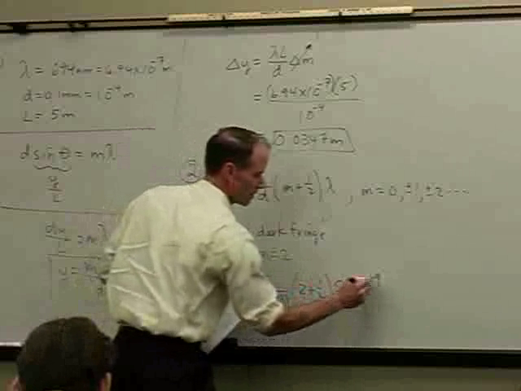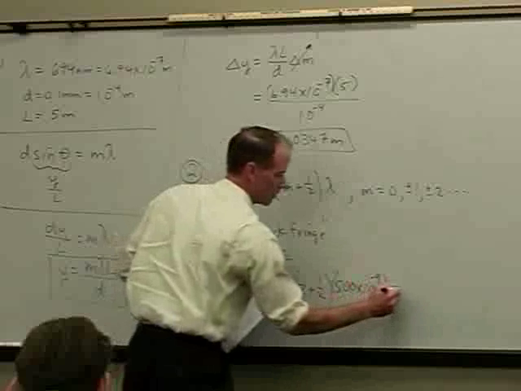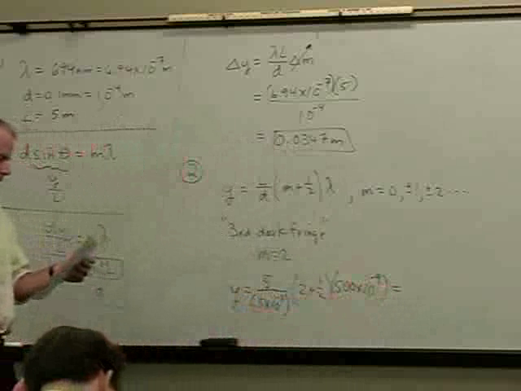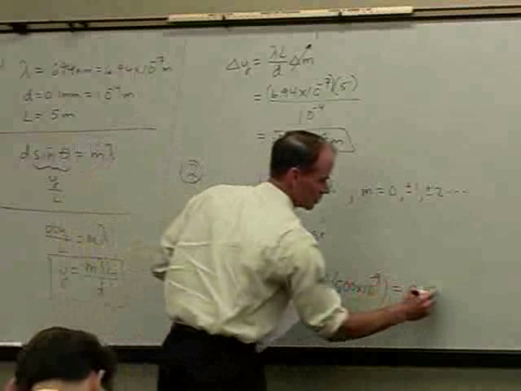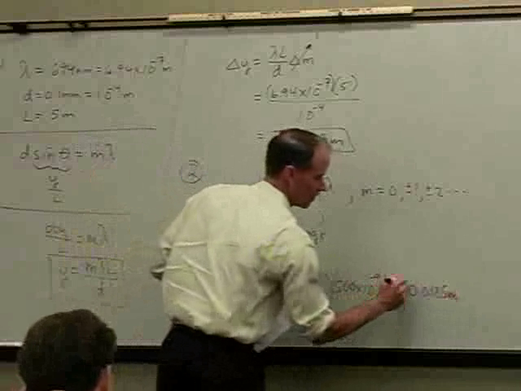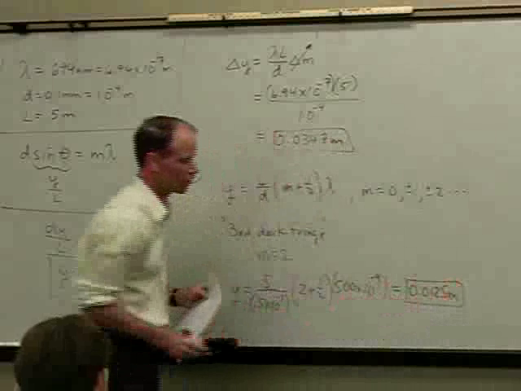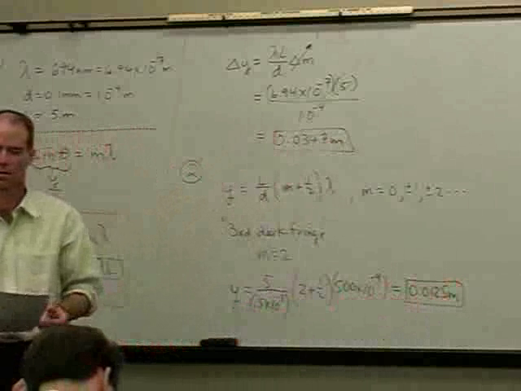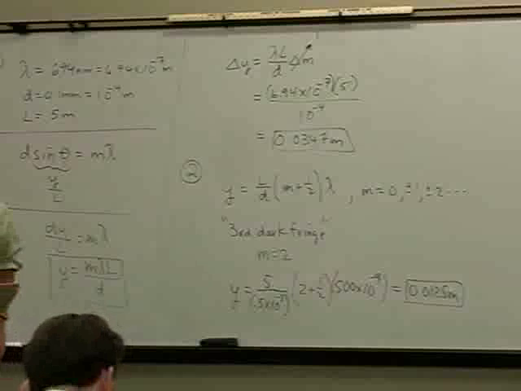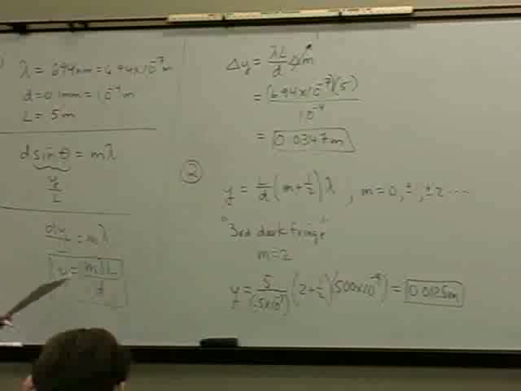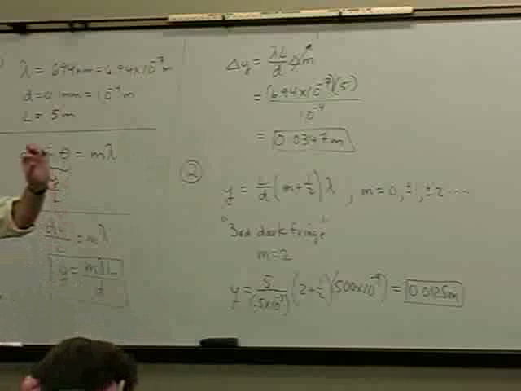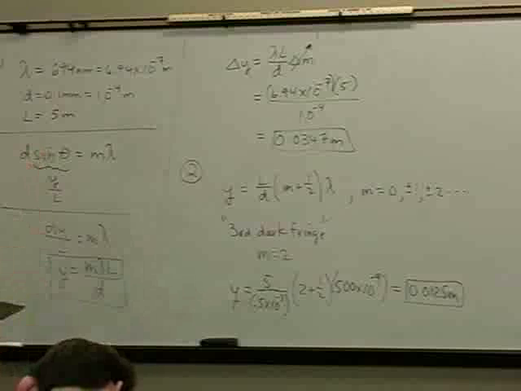Put everything in, and I get 0.0125 meters, about 1 1/4 centimeters, 1.25 centimeters. That far would be significant enough to locate that fringe.